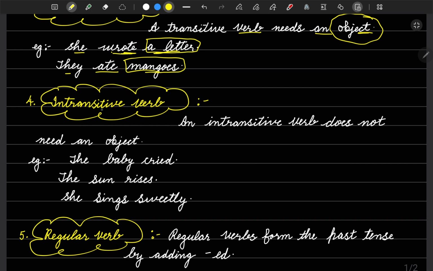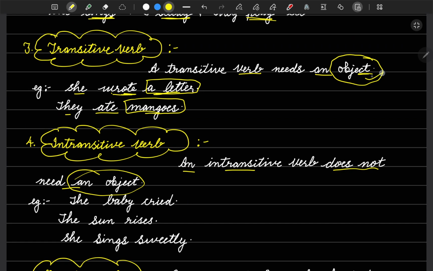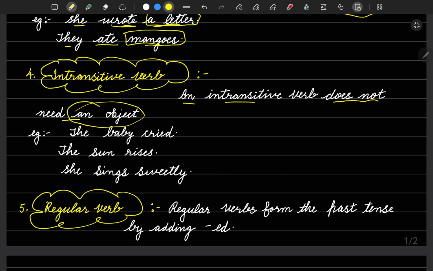Now next is intransitive verb. What is intransitive verb? An intransitive verb does not need an object. Transitive verbs need an object, but intransitive verb doesn't need an object. For example, the baby cried. Cried is a verb and we don't have any object.